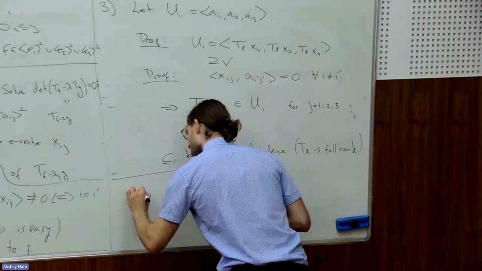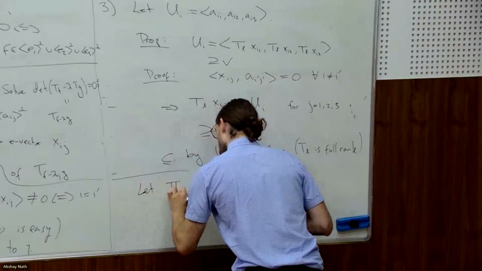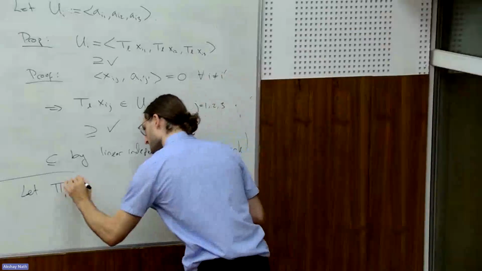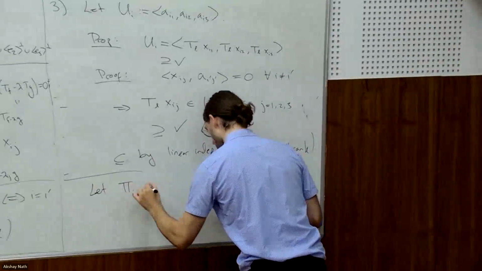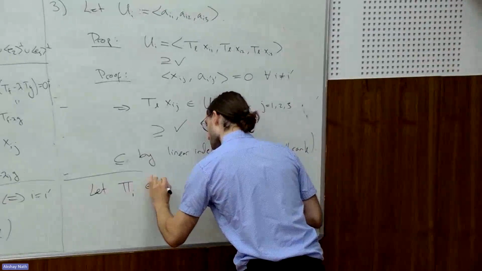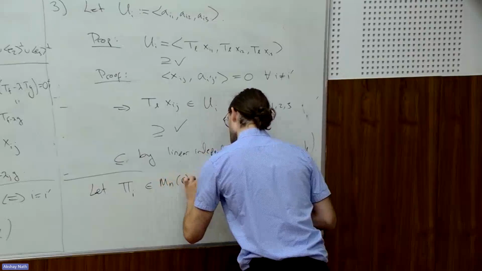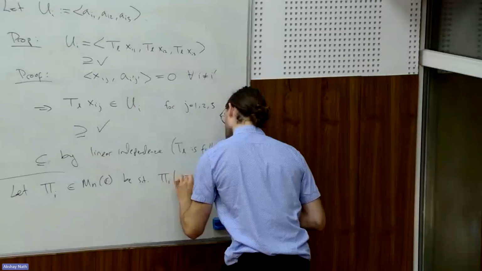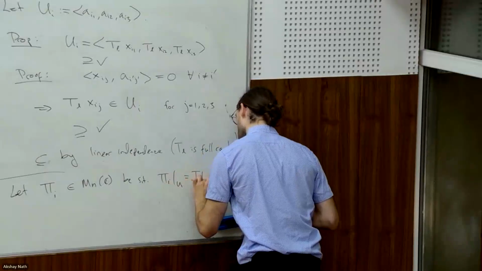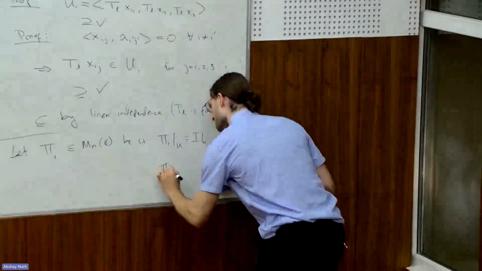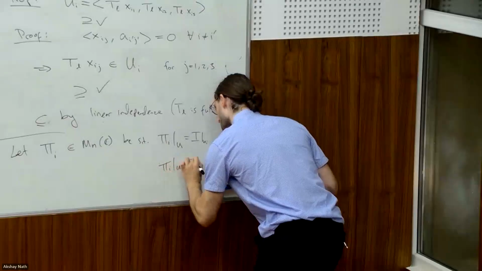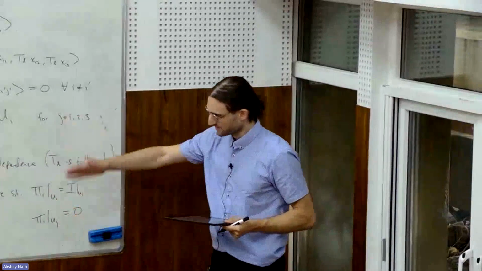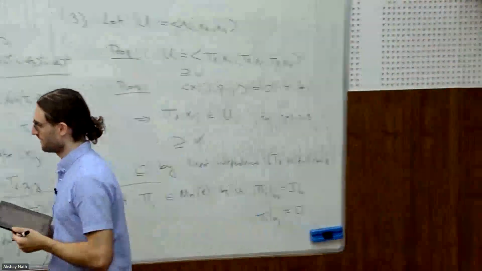So let pi I be the matrix, an m by n matrix, such that pi I restricted to UI is equal to the identity matrix on UI, and pi I restricted to UJ is equal to 0. Once we know we have bases for these UIs, we can construct such a matrix.